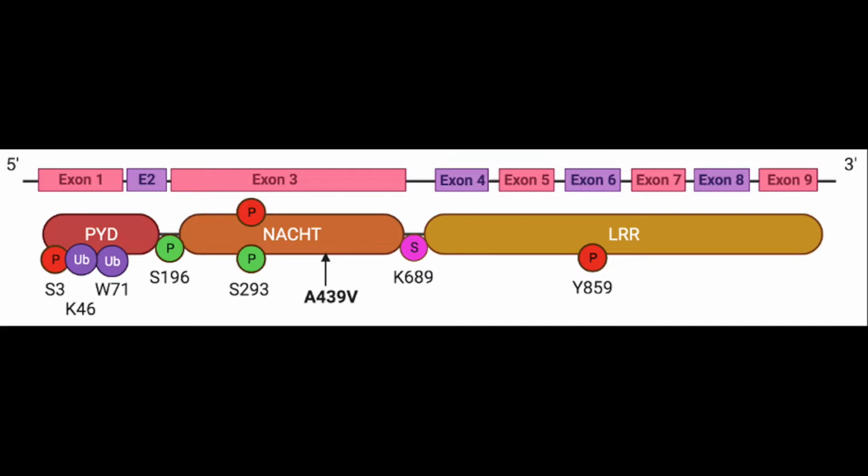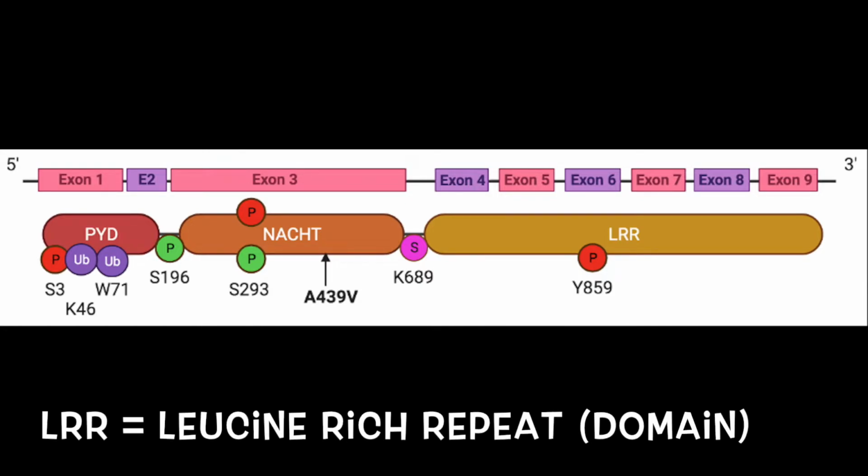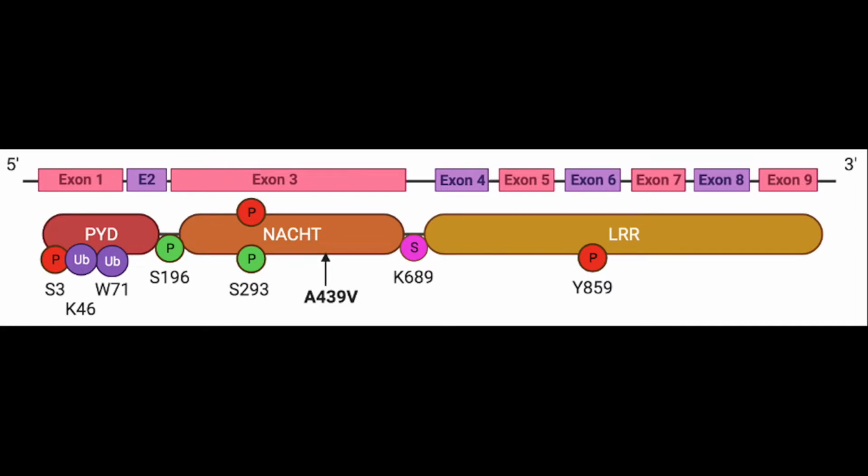There are both red and green Ps at position 293 because phosphorylation at this site can be involved in activating or deactivating NLRP3 depending on which kinase enzyme attaches them. Then we have a red deactivating phosphorylation site down in the leucine-rich repeat domain at position 859 on a tyrosine, shown by its single letter code Y.